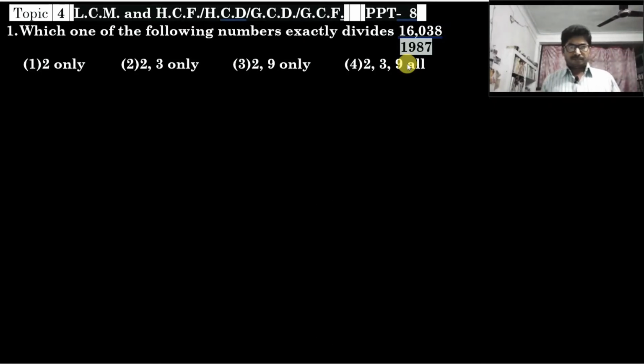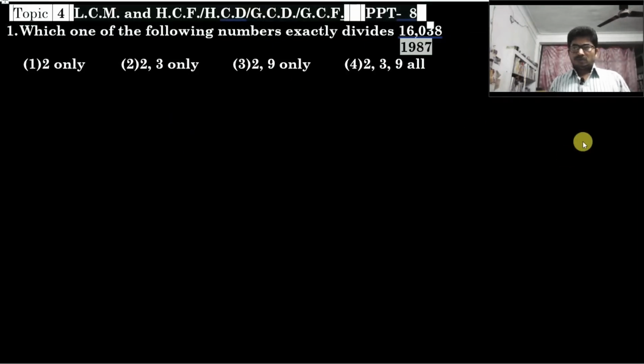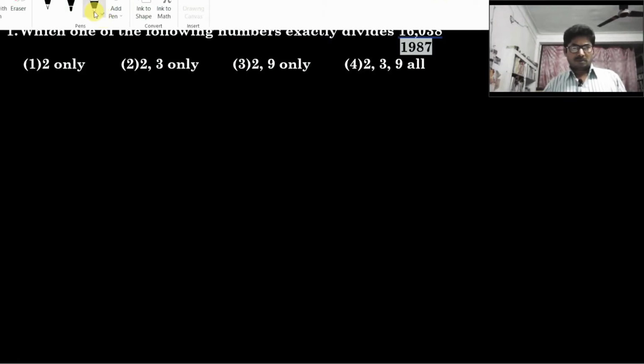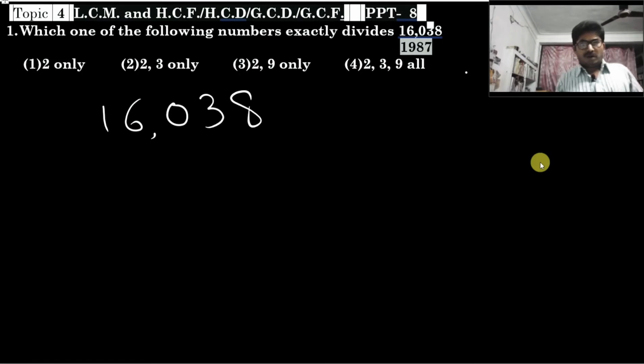Your given number is 16,038. This is an even number. All even numbers are exactly divisible by 2. So it is exactly divisible by 2.